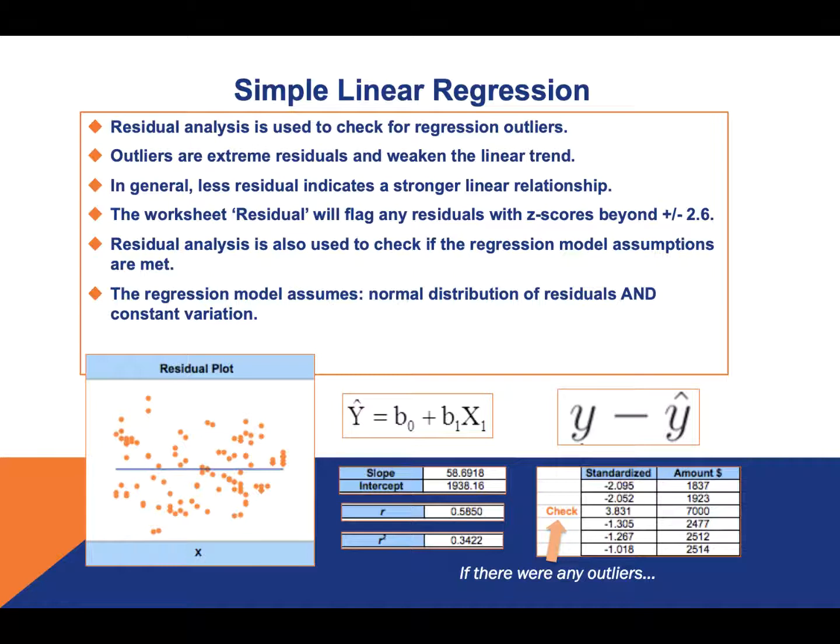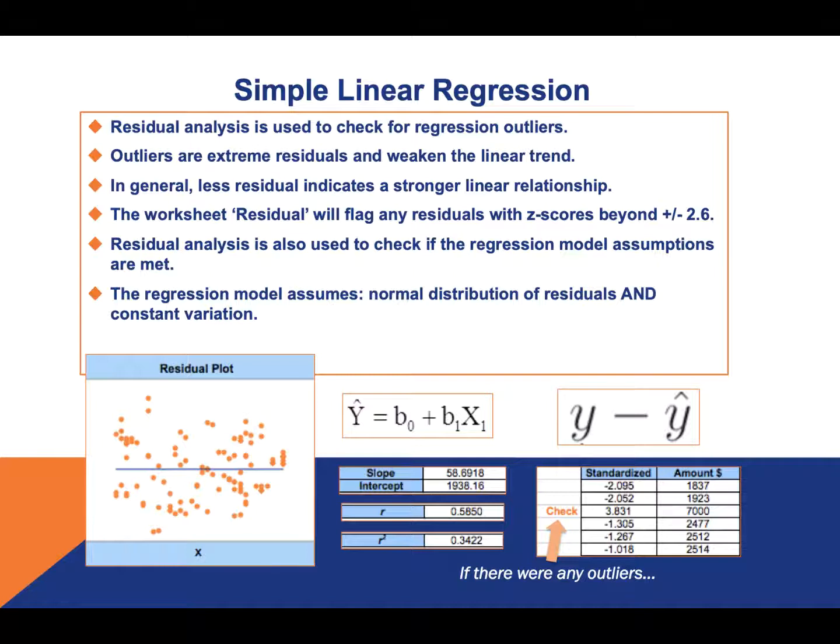They're also defined by the expression y minus y hat for a particular x value. In general, less residual indicates better fit or a stronger overall linear relationship. Our worksheet Residuals will still flag any residuals with z-scores beyond positive or negative 2.6.